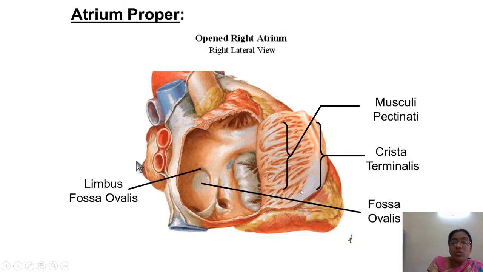Because of these ridges, the anterior part of the right atrium is called rough. The anterior part of the right atrium is rough because of the presence of the musculi pectinati.